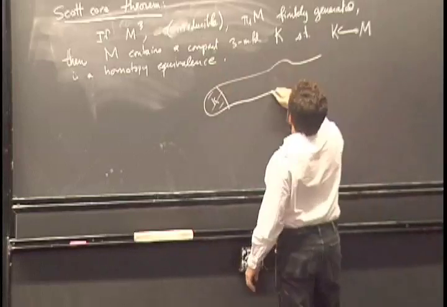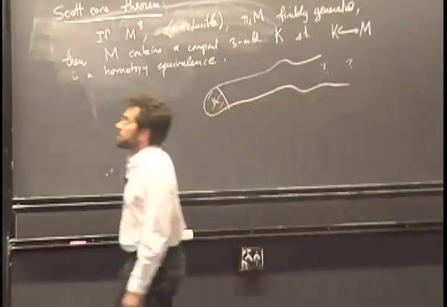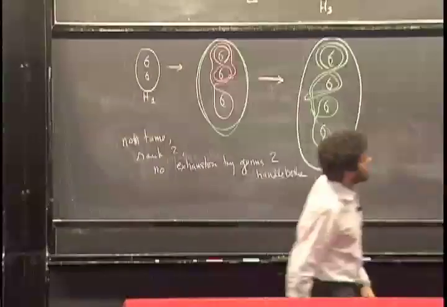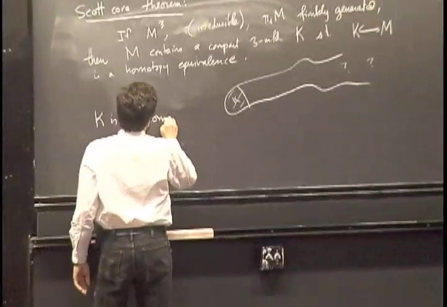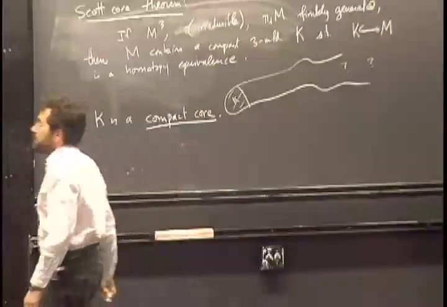But somehow, what's happening in the rest of the manifold could be mysterious. And that's exactly what happened in both of these examples. In both of these examples, in this example, H1 was the core in this sense. This thing is called a compact core. Okay?